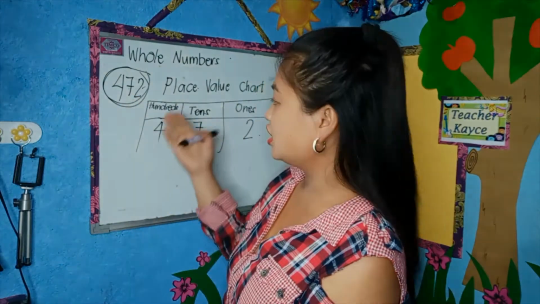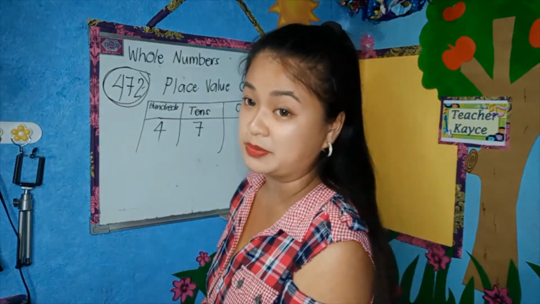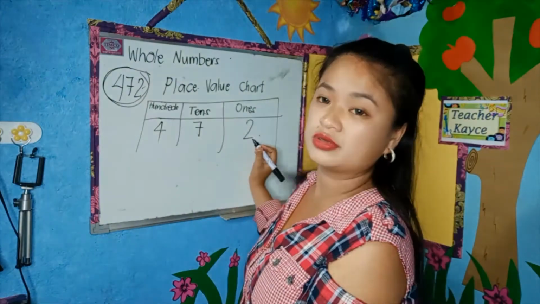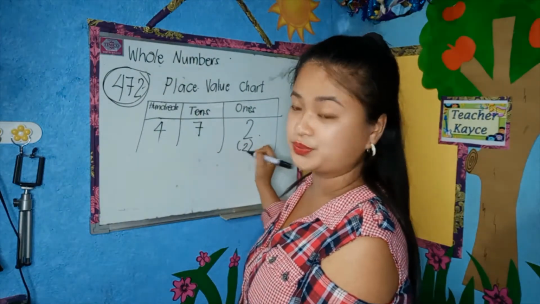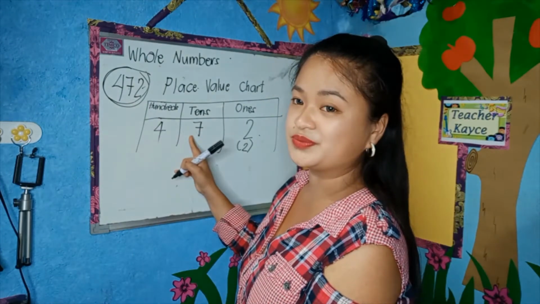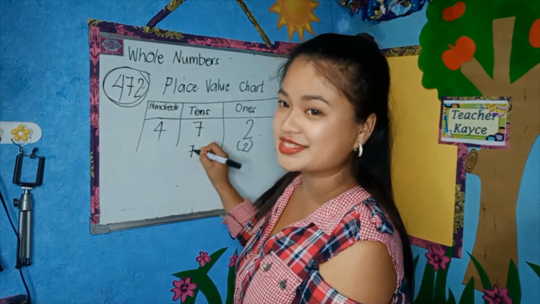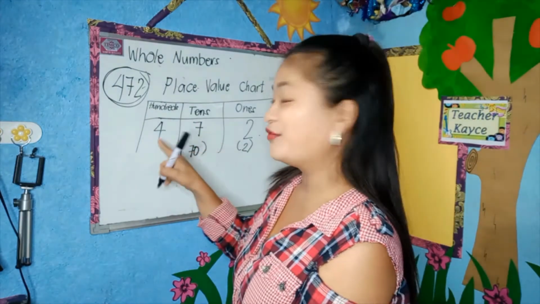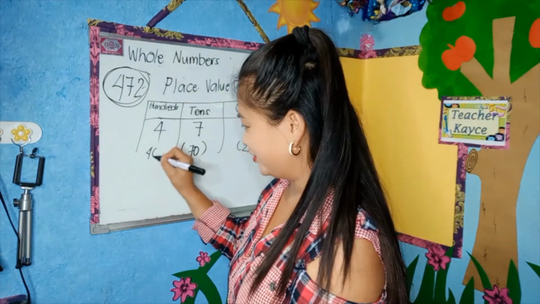So we have 4, 7, and 2. How about its place value? 2 serves as your ones, so it is considered as 2. How about 7? It is your tens, so it is 70. And for the 4, it serves as your hundreds, so it's 400.